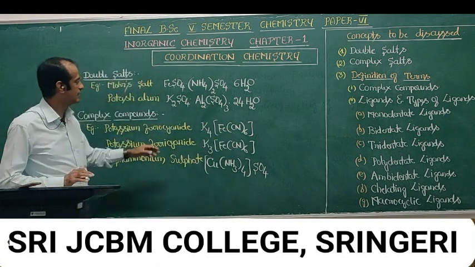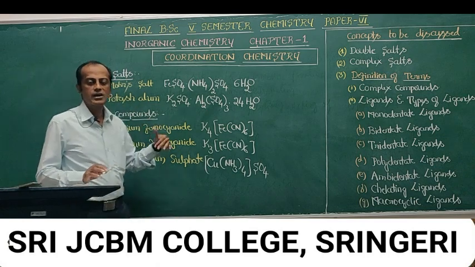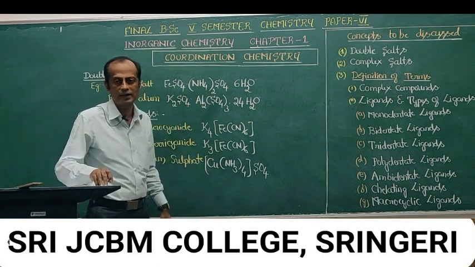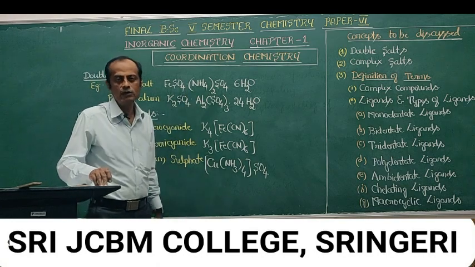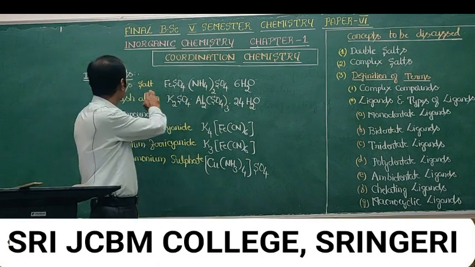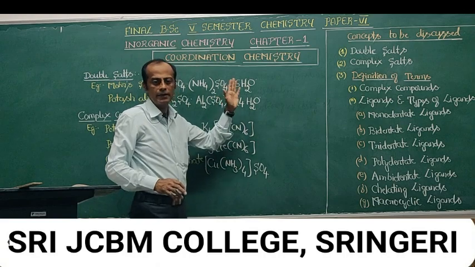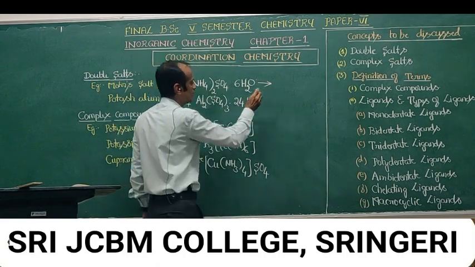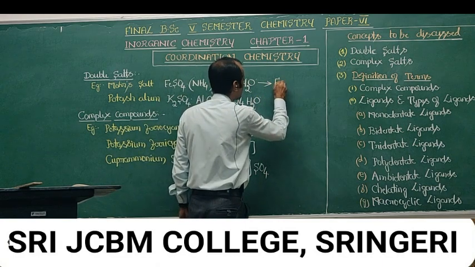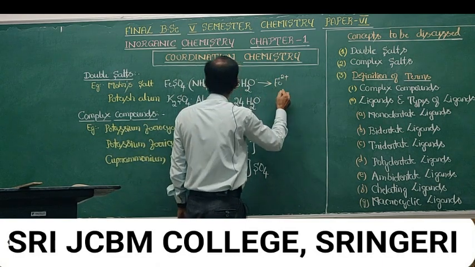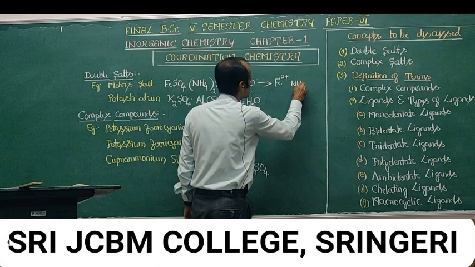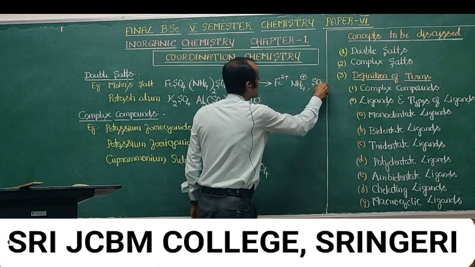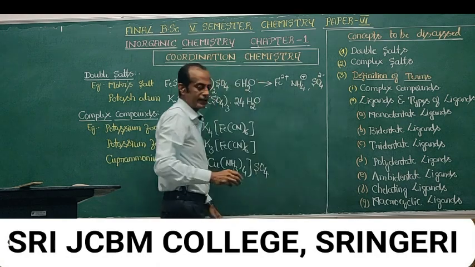Second difference is that these double salts are stable only in the solid state. When their solutions are prepared, they give their respective ions. If you prepare Mohr's salt solution, in the solution it behaves as a mixture of ferrous ion, ammonium ion and sulfate ion.